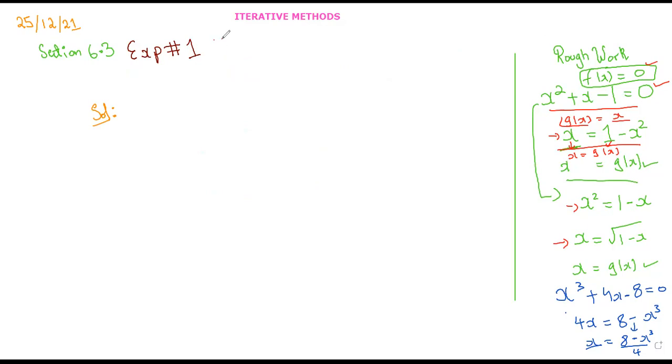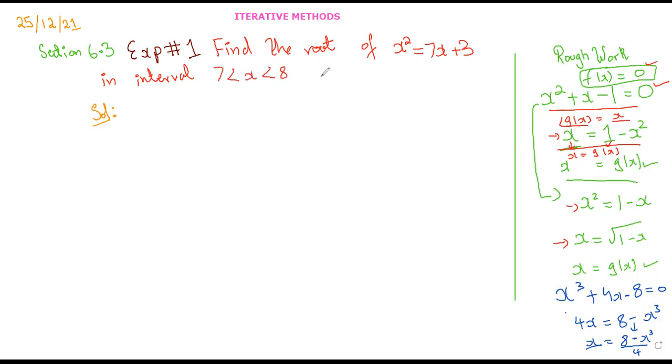The third part is the main part. Find the root of x square equals 7x plus 3 in the interval 7 to 8, to 3 decimal places.